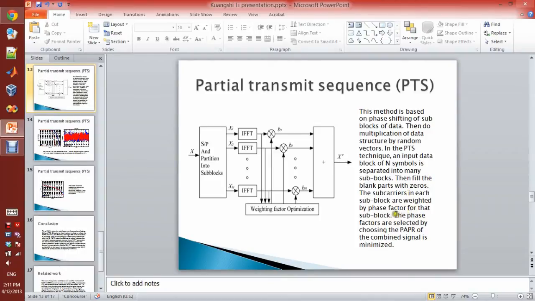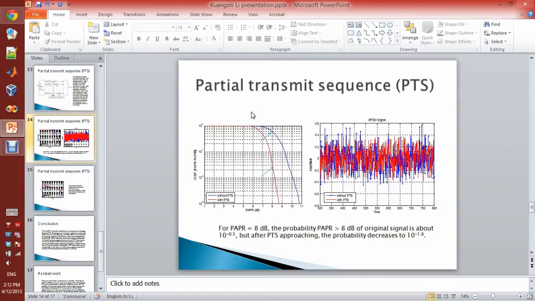It decreases the complexity of calculation compared to SLM. And then, just like SLM, choose the combined signal with the minimum PAPR as the output.